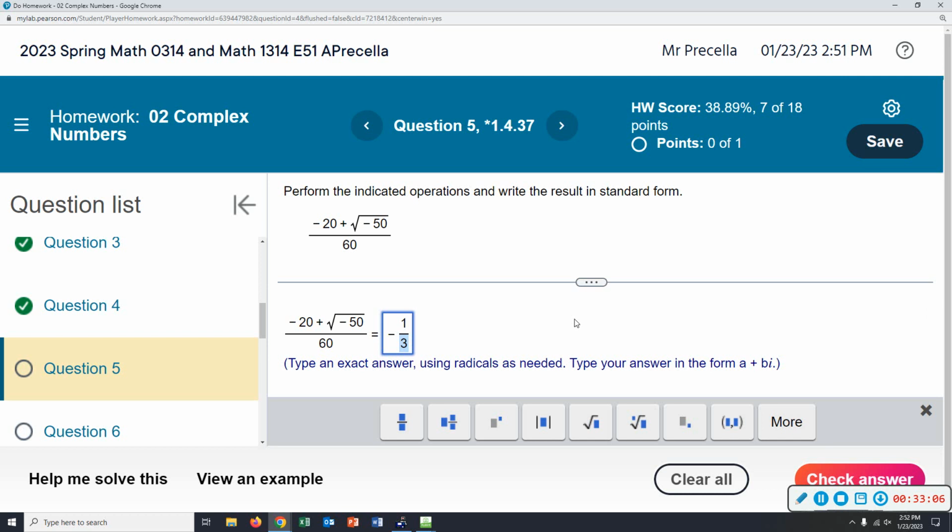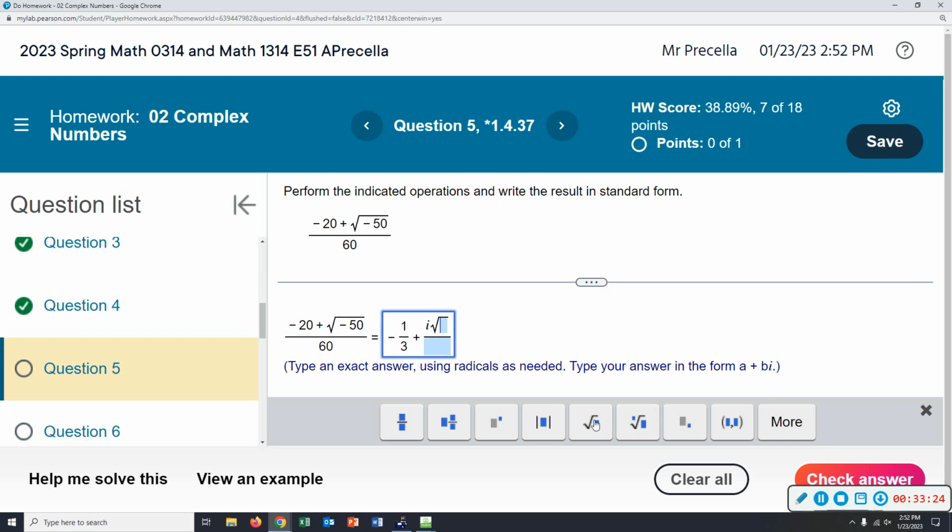So do what my brother said. Either hit the right arrow or click over here. I'll just hit right arrow to get out of that flashing denominator. Plus another fraction, the square root of 2, all over 12.